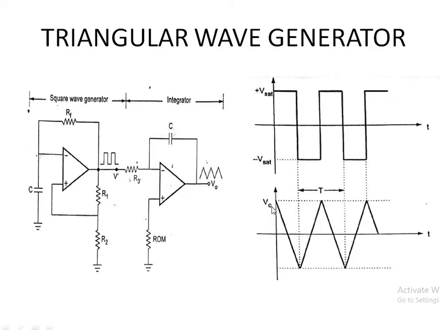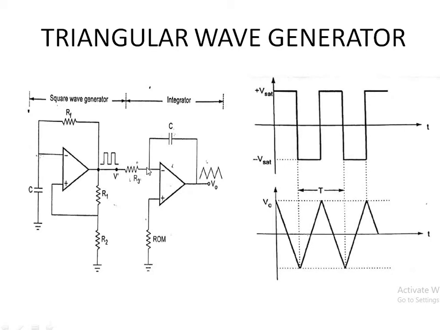Let us see how we get the negative ramps and positive ramps in this output. During the first case, when the output of the first op-amp is positive V saturation, the current will be positive V sat divided by R3.